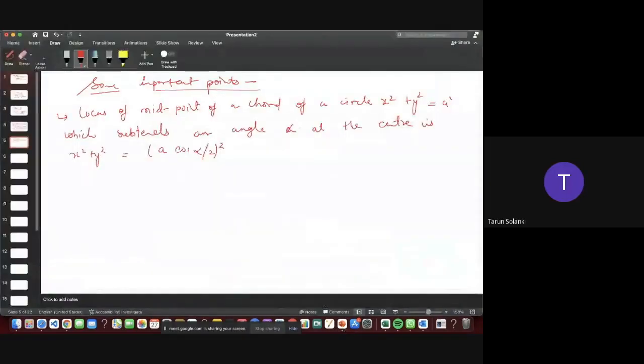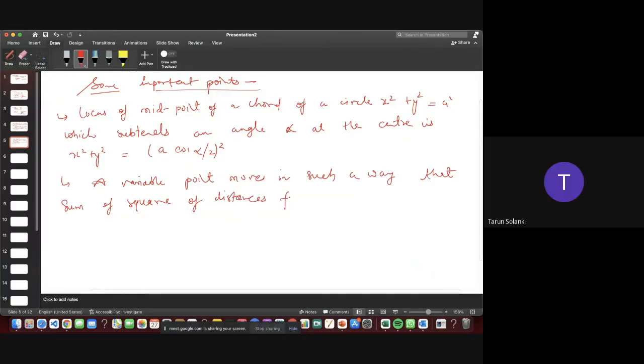Okay. Next point: a variable point moves in such a way that the sum of squares of distances from the vertices of a triangle remains constant.